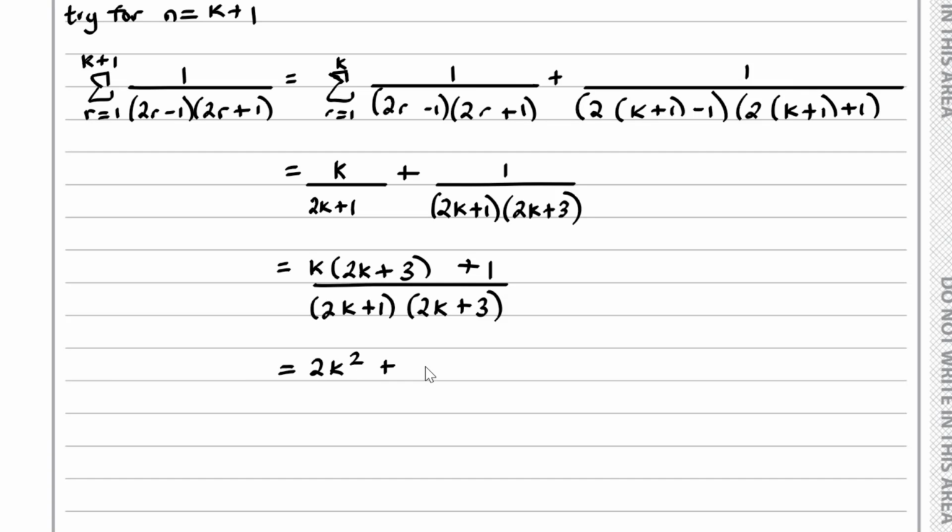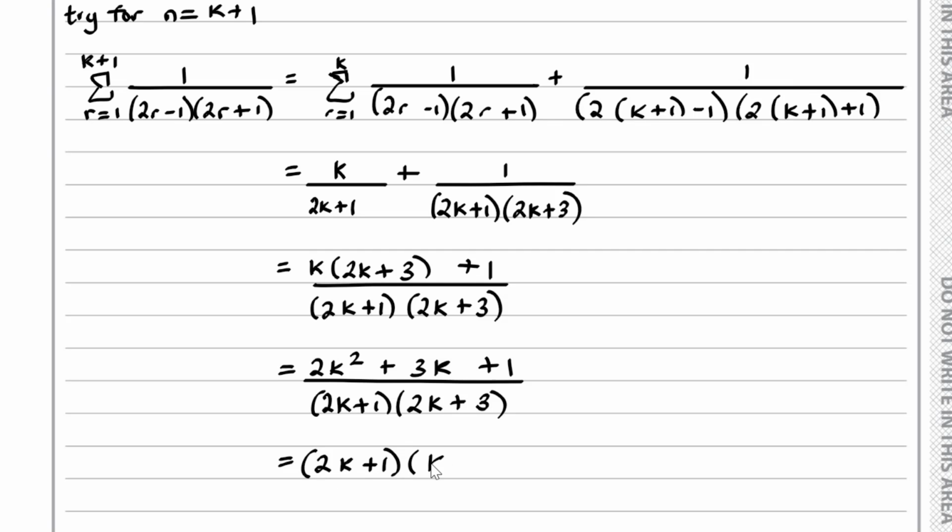We have 2k squared plus 3k plus 1. And on the bottom we have 2k plus 1 lots of 2k plus 3. And we can now factorize this quadratic. We can factorize that as 2k plus 1 lots of k plus 1.